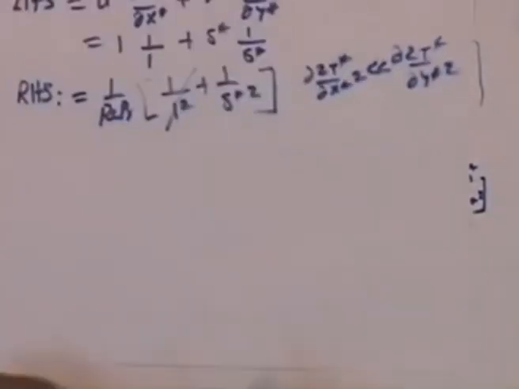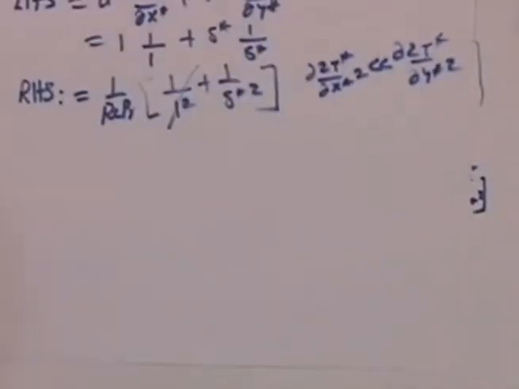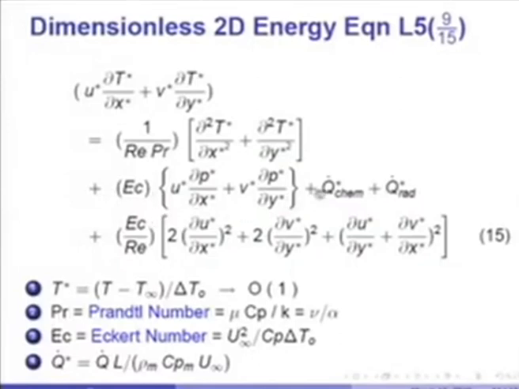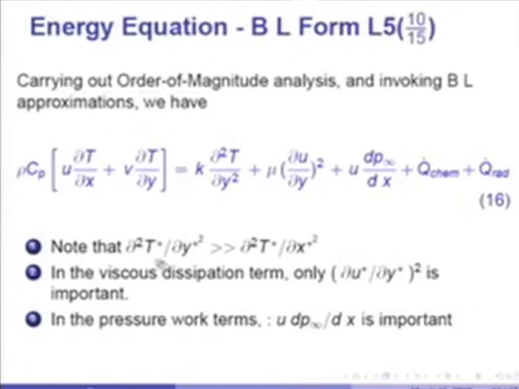So, if you follow through in this manner, you can carry out the order of magnitude analysis, and the resulting equation would be simply this: rho Cp u dT by dx plus v dT by dy equal to diffusion only in y direction plus viscous dissipation due to velocity gradient in y direction plus u dp infinity by dx plus q dot chem plus q dot rad. This is the boundary layer form of the energy equation.